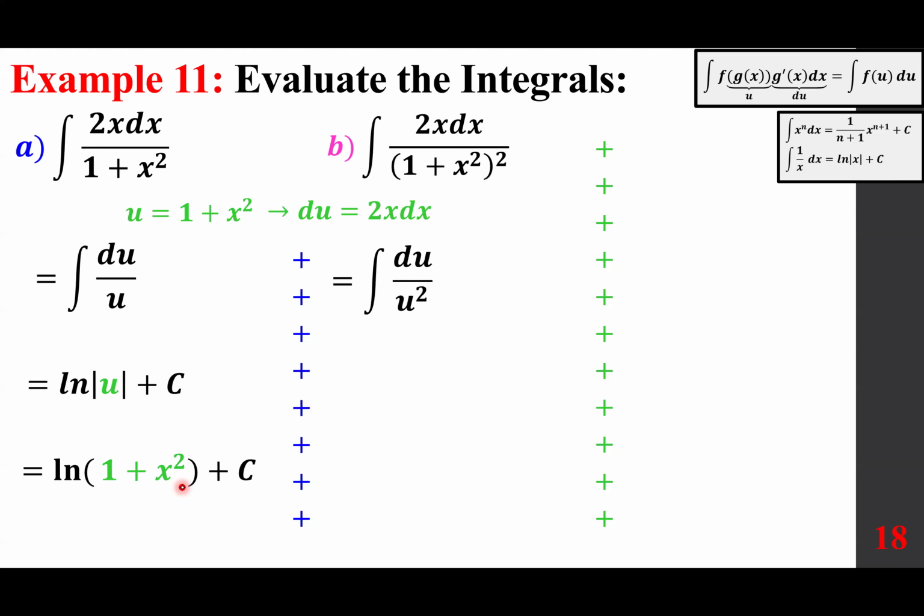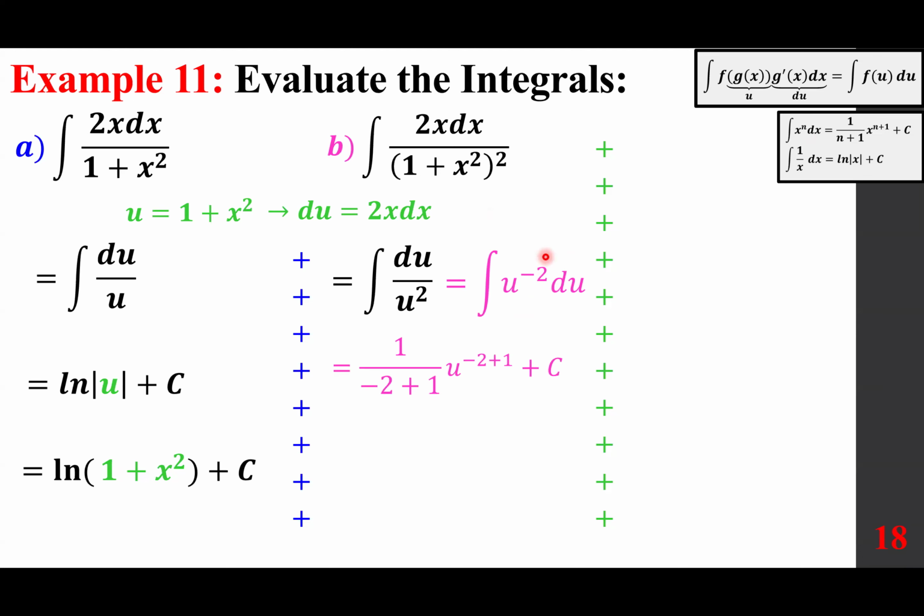In this case, you get du over u squared. In other words, I'm going to use exactly the same u substitution. And this, we have done it many, many times. We bring it up, so we make it ready for the power rule. So the integral of u to the power of minus 2 du, we say 1 over negative 2 plus 1, u to the power of negative 2 plus 1 plus a constant.